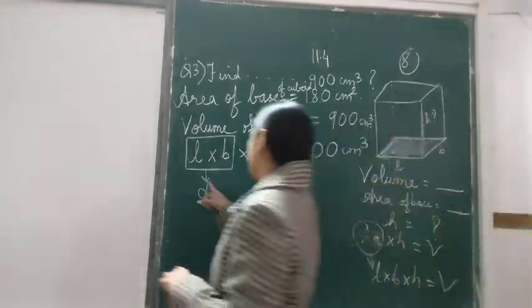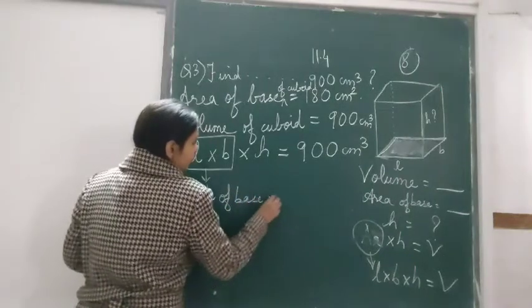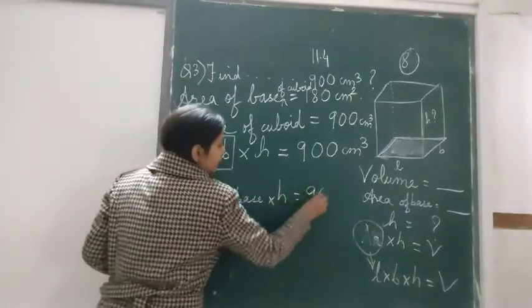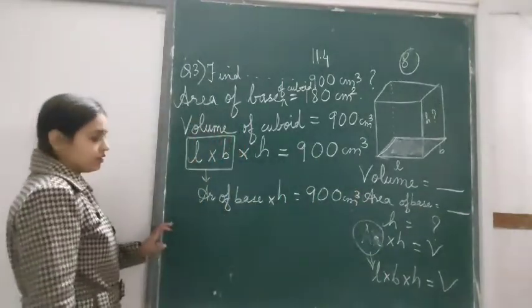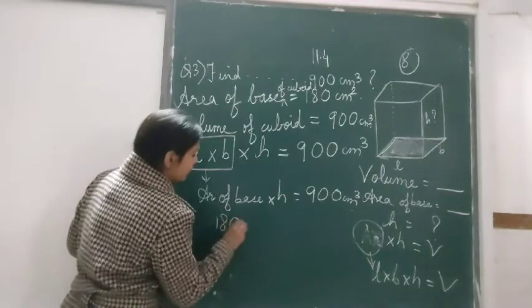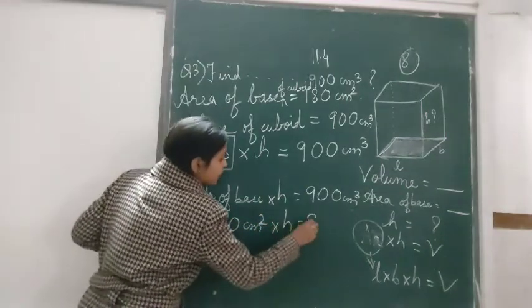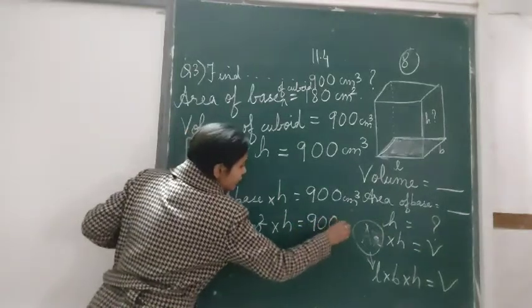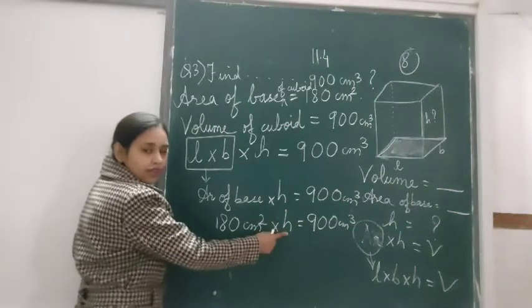Okay, so length into breadth becomes area of base into height equals to 900 centimeter cube. Now area of base is 180 centimeter square into height is equal to 900 centimeter cube. Now we need to find the value of this h.